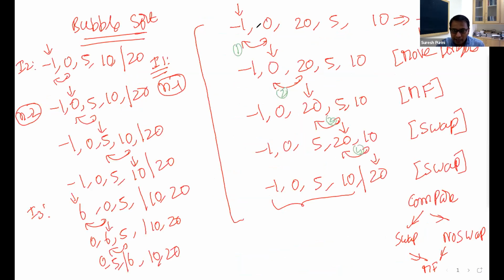You see now here, this is a list of 5 elements. How many comparisons are we doing? We are doing 4 comparisons in order to bubble up the largest element 20. Are you with me here that when there are n elements, we require n minus 1 comparisons?